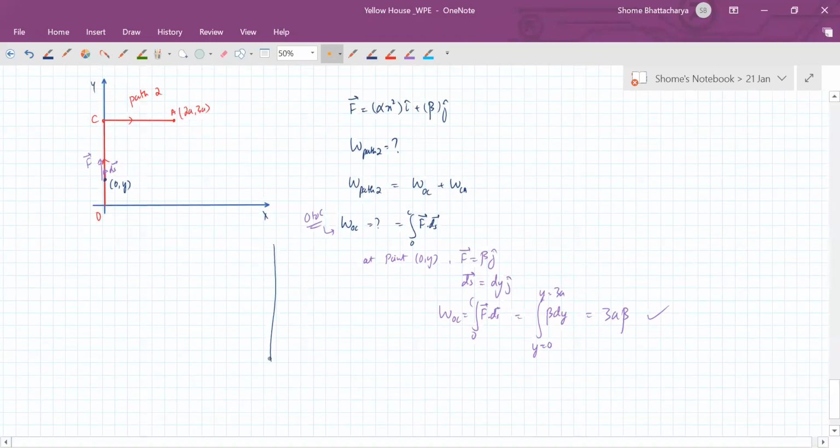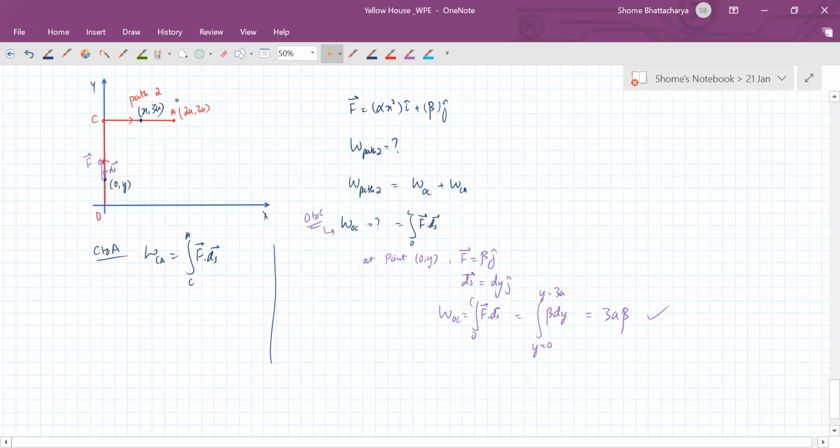Whereas from C to A, the work done, okay, so now you are at a general point like this, where the y coordinate is fixed and the x coordinate is varying like this.